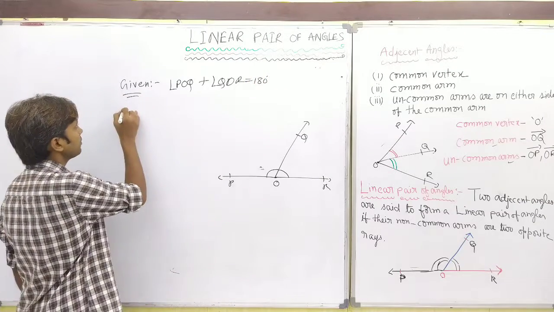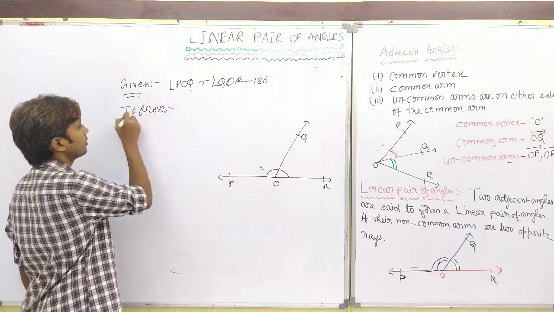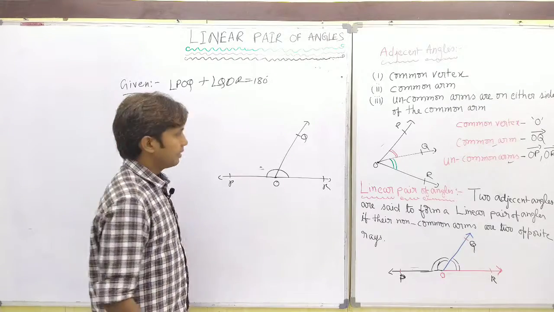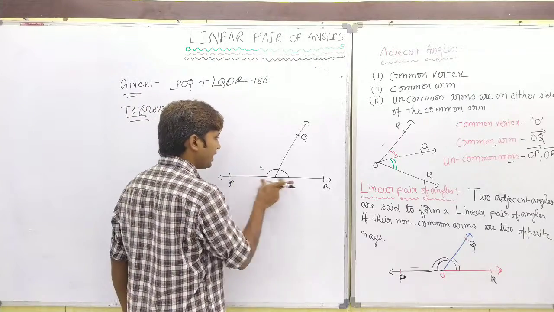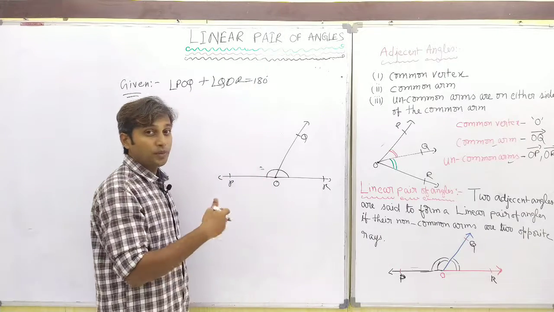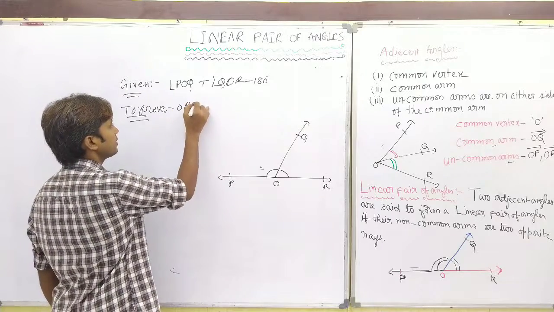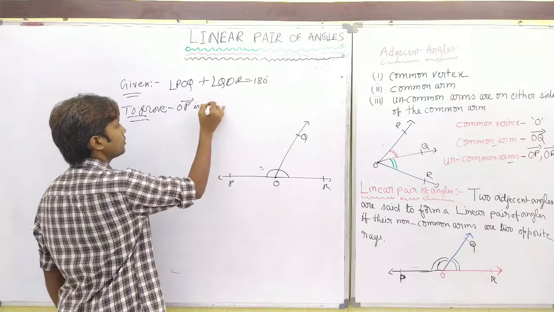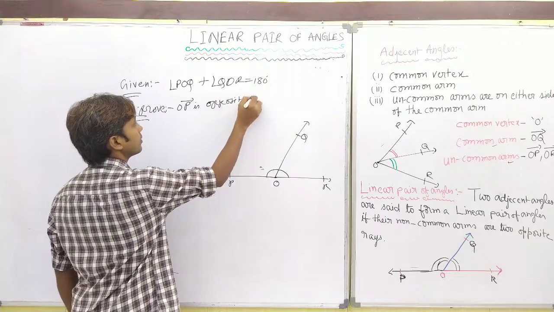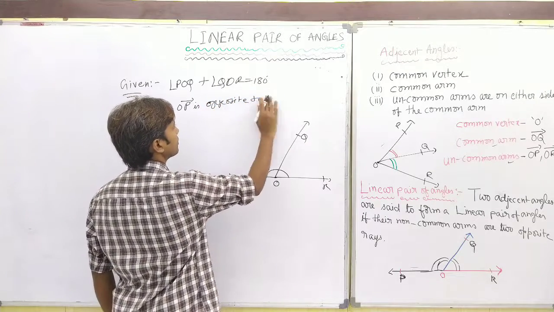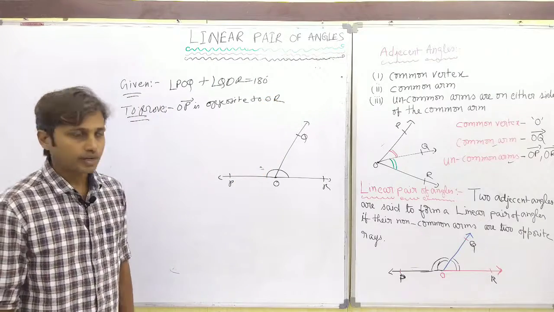And what do we have to prove? We need to prove that whenever the sum of the adjacent angles is 180, then OP is opposite to OR. Means OP is opposite to OR.